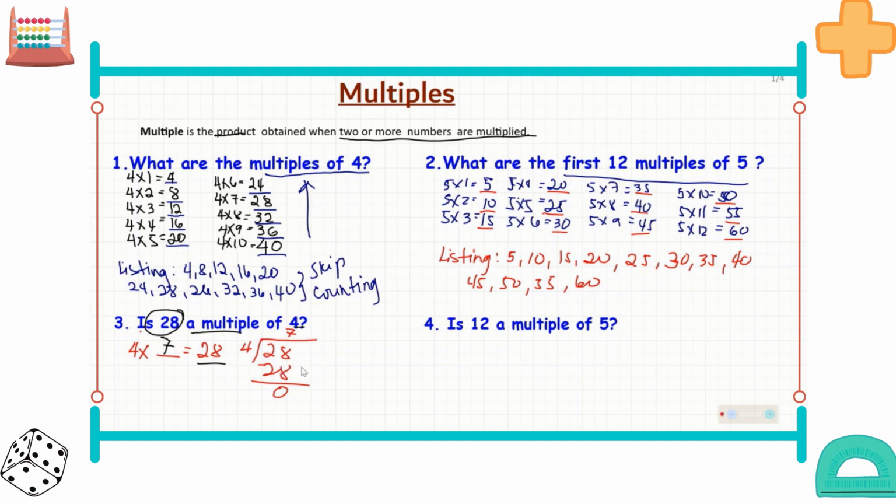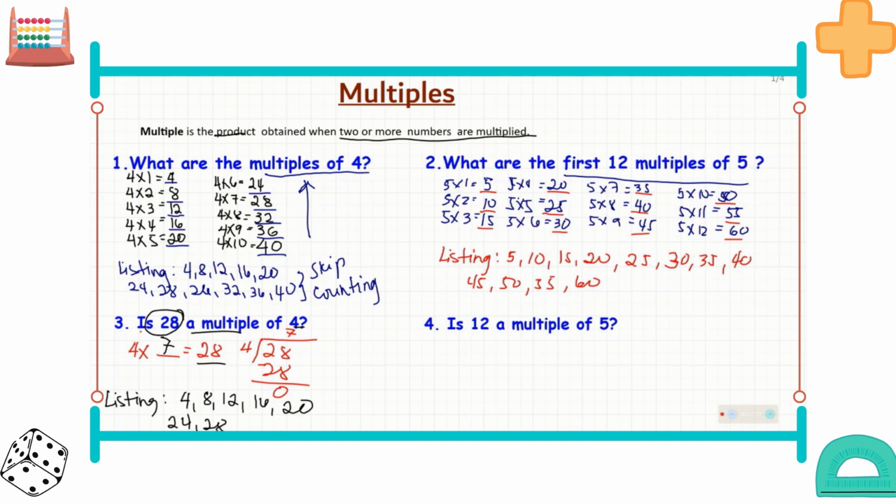Another way, instead of dividing these two numbers, is to skip count by 4. When you skip count by 4 and 28 is one of the numbers, then it's a multiple of 4. So let's try listing, skip counting by 4: 4, 8, 12, 16, 20, 24, 28.